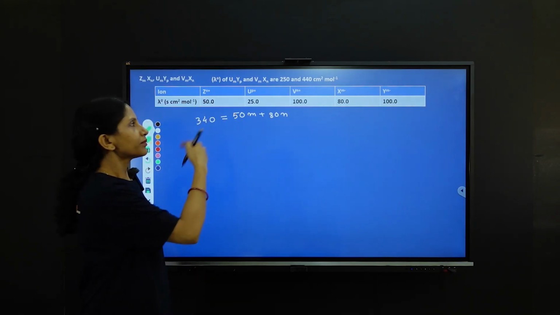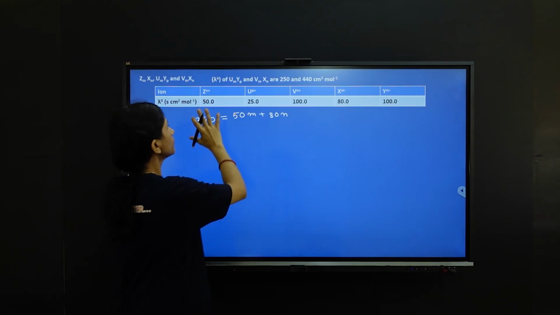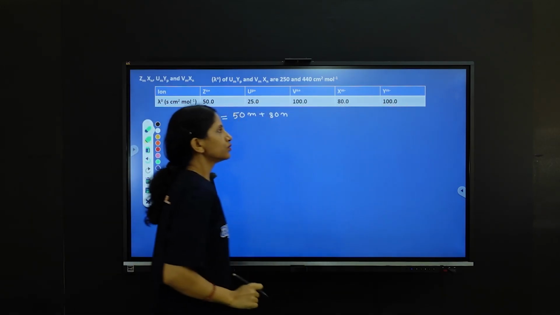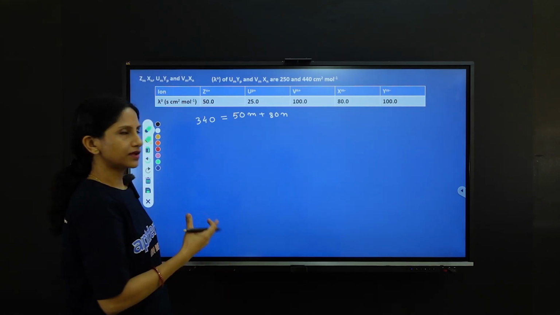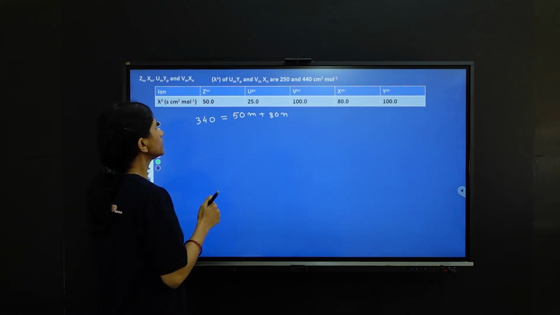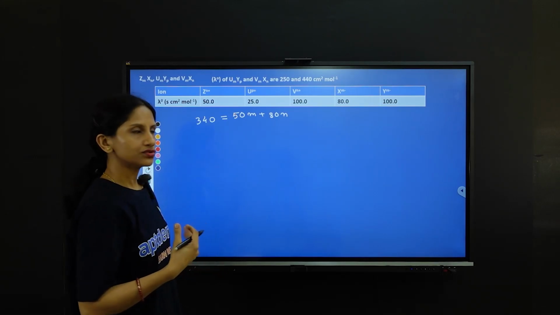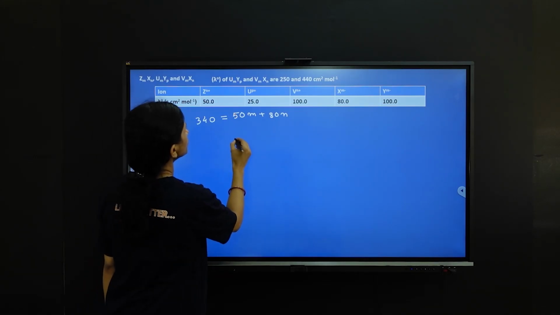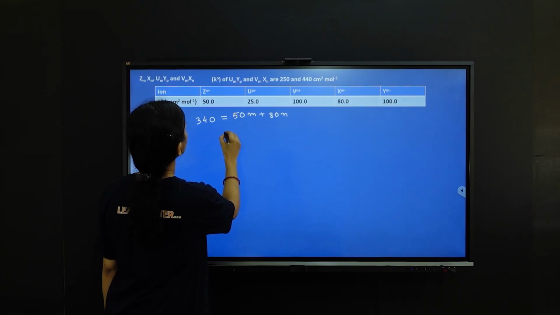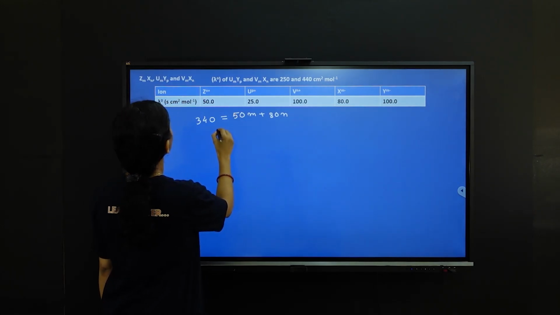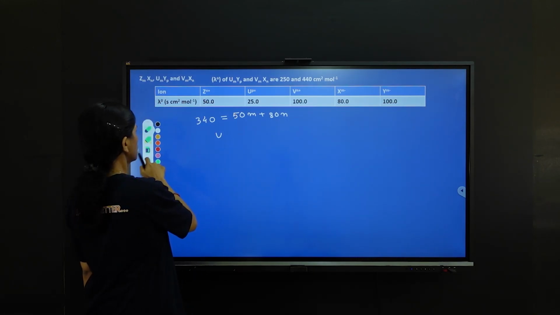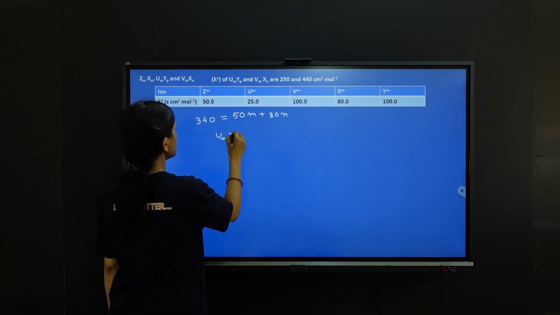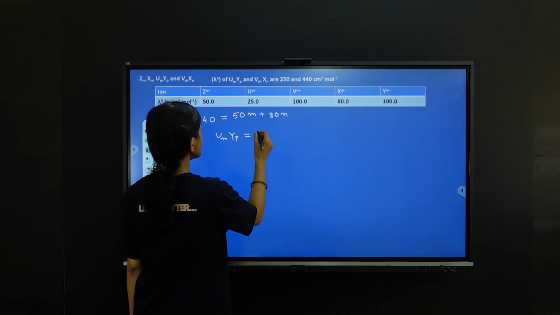Now from the previous slide, I will use this table for the values, that's why I have kept the table in this slide as well. So let's do the same for the other two electrolytes. Now we'll do UMYP in a similar manner.